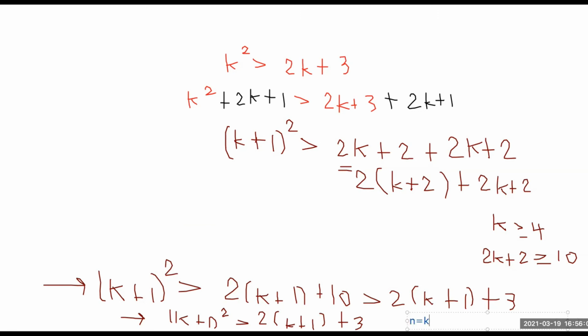So therefore, n equal k plus 1 is true. Now that we know that n equal k plus 1 is true, we can write thus, by the principle of mathematical induction, you can conclude that n squared is greater than or equal to 2n plus 3, and this is true for all n greater than or equal to 4, where n is a positive integer.